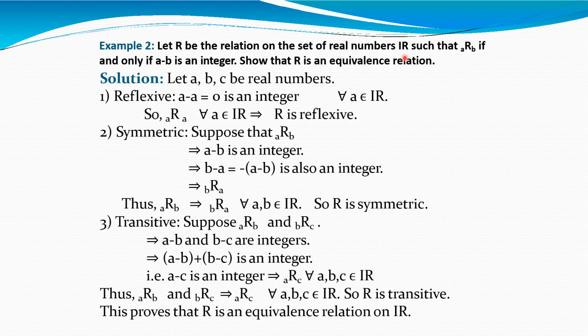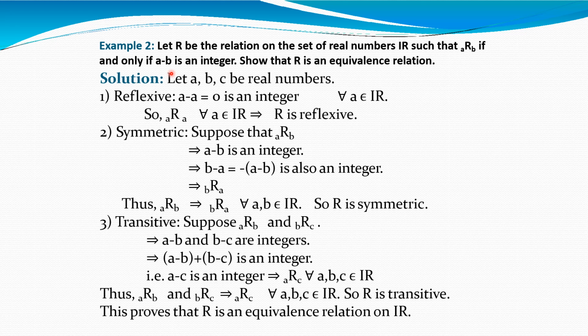Again both are real numbers. Now 10.5 minus 8.5 is 2 which is an integer. So 10.5 is related to 8.5. So in this way, the relation is defined as a related to b if and only if a minus b is an integer. So here you can take a and b as any real numbers.